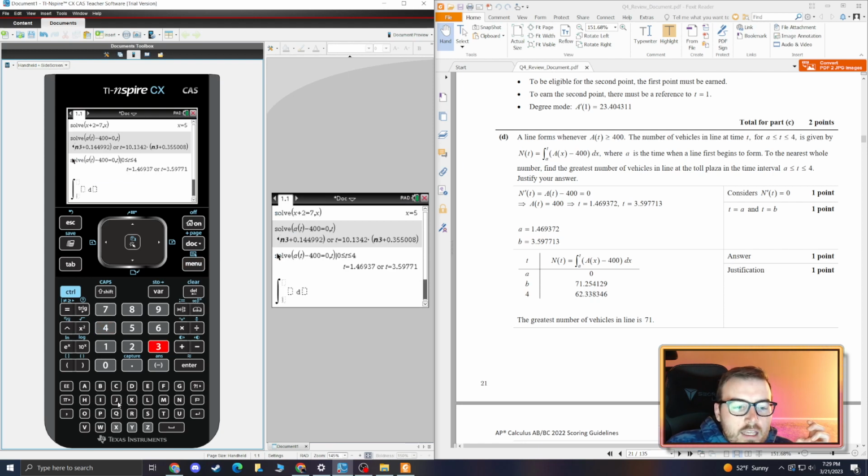And they told us from A to T. But we're not using A and T. We now know that A is 1.46937. And T are the candidates.